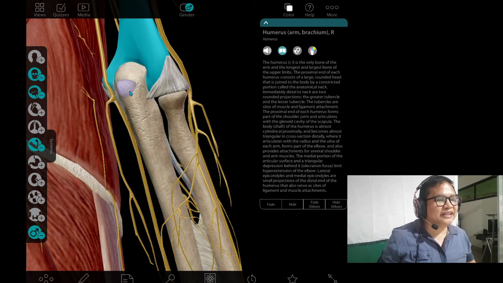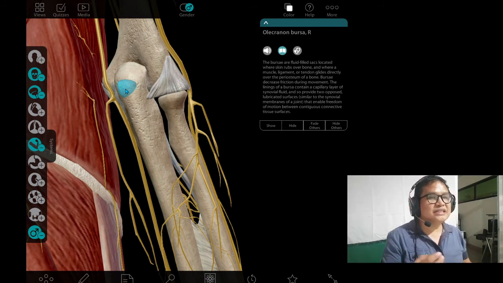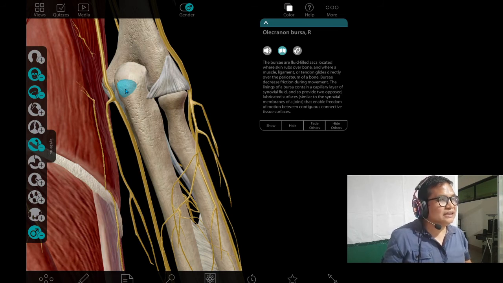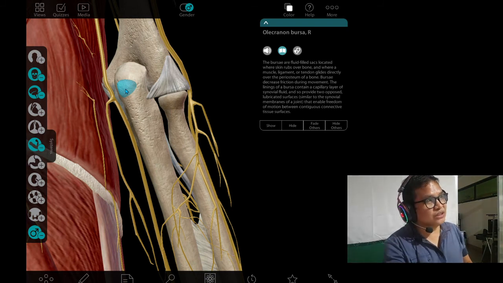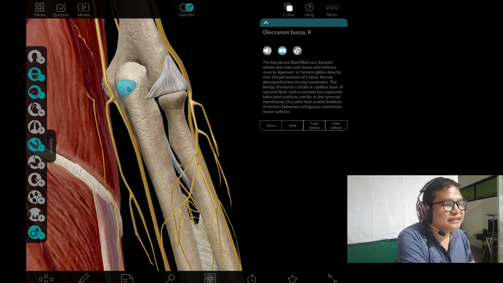In here there is also a bursa. The bursa is just like a foam that is usually found on the surface of bony prominences. The purpose of the bursa is to serve as a cushion so that when we lean on it, it is not painful. It's like foam.